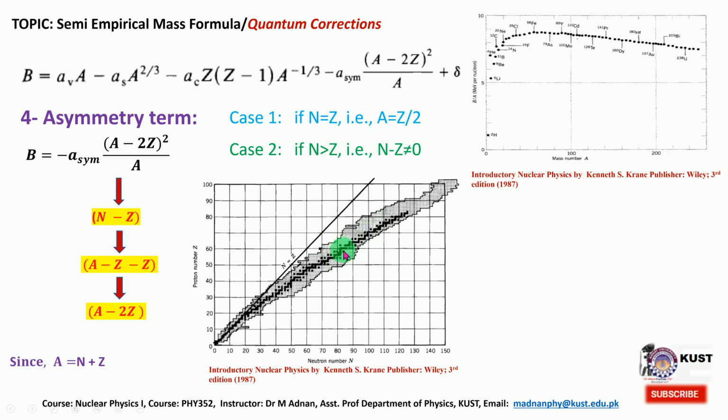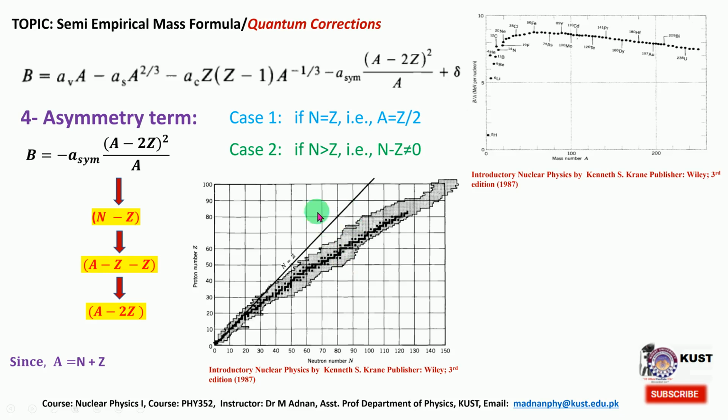And similarly, below this dark pattern, for these elements below this gray portion, some of the neutrons will convert to protons in order to get stability. So this conversion is pretty much the case.